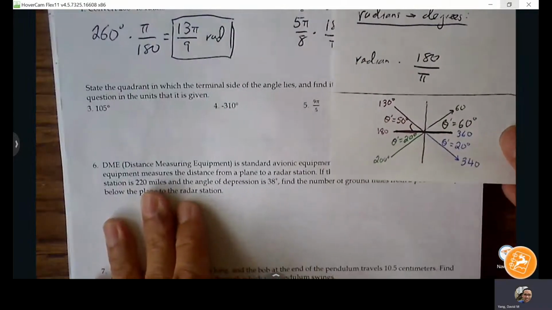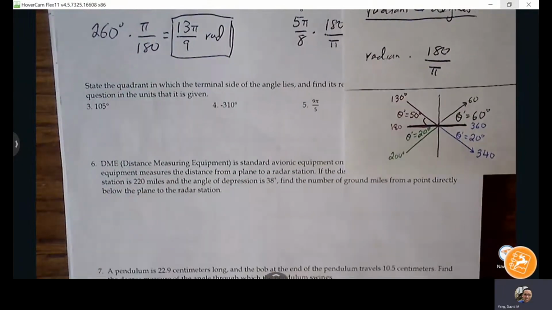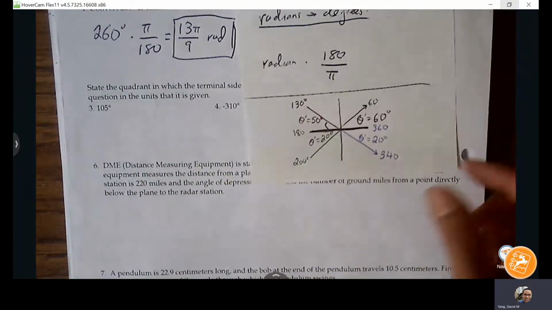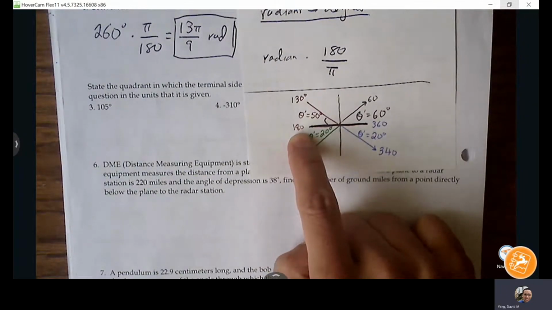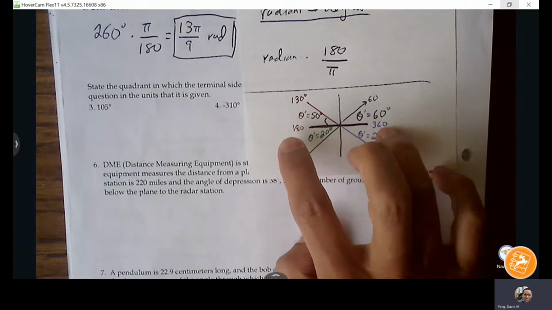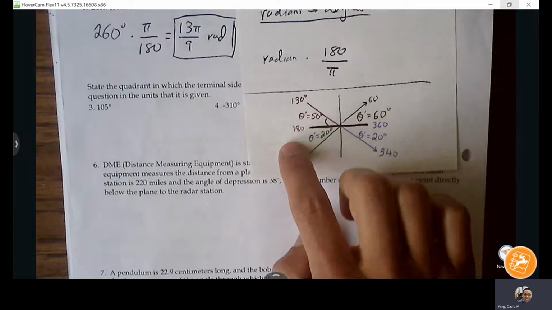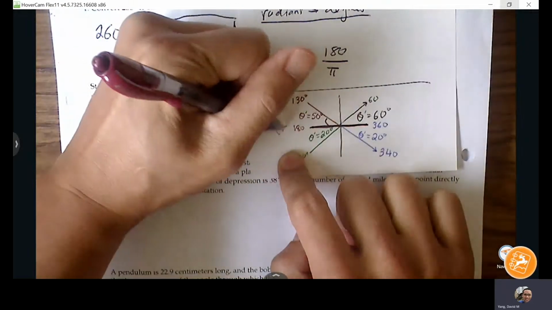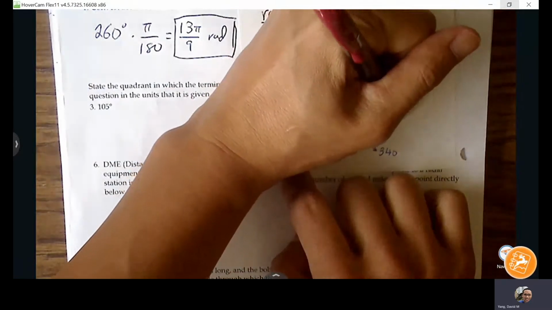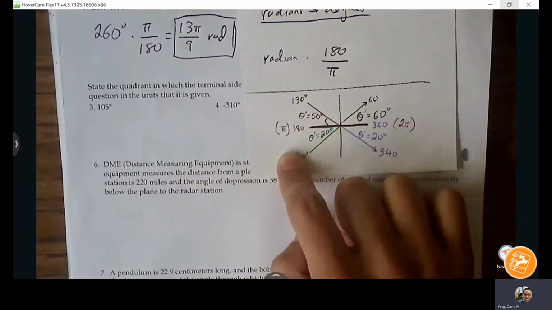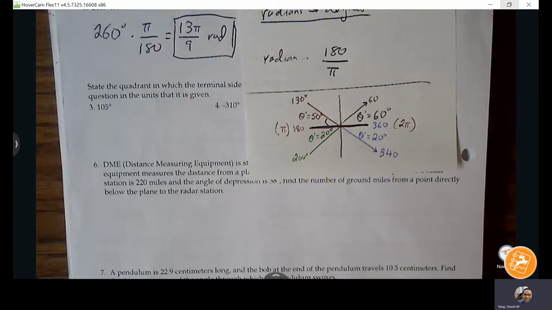Okay, go ahead and try 3, 4, and 5. Oh, and by the way, if something is given in terms of degrees, then you can use 180 and 360. But if your measure is in terms of radians, then you're going to be subtracting involving pi, or you're going to subtract involving 2 pi, depending on which quadrant you're in.